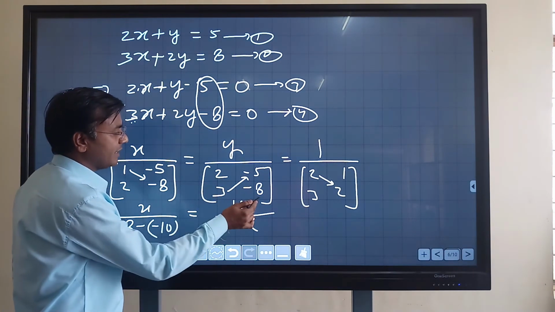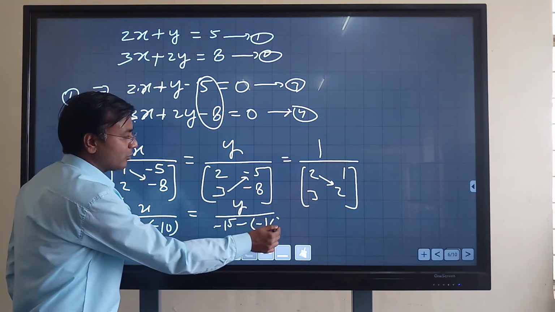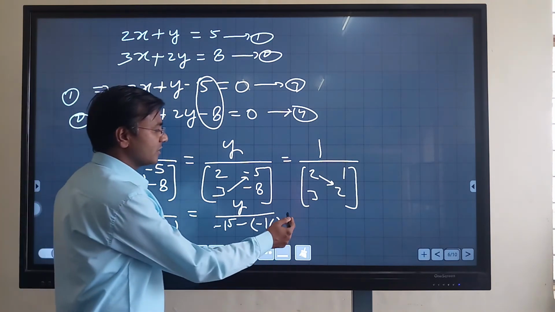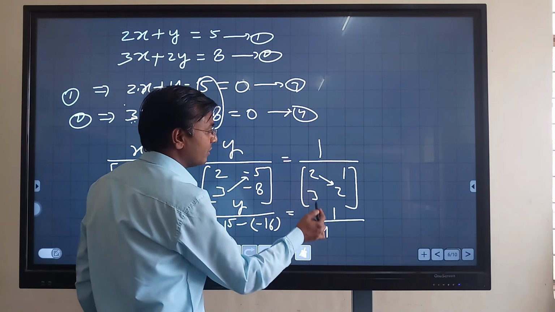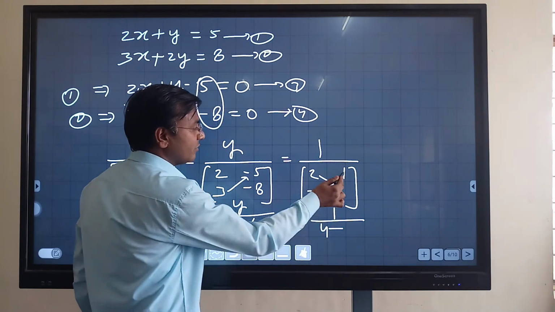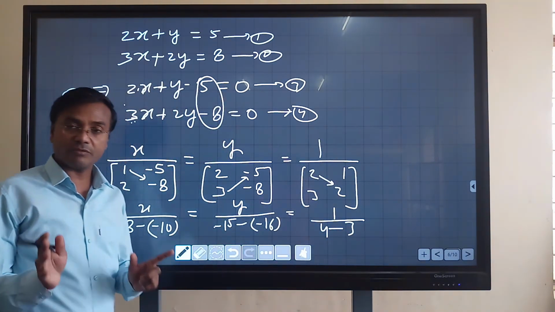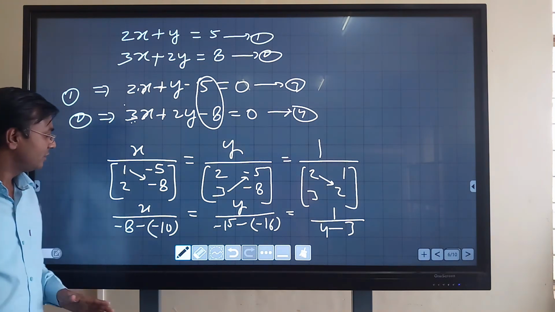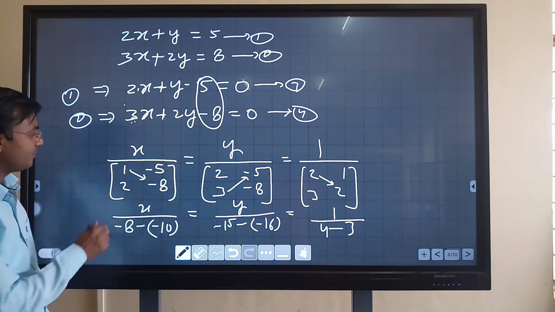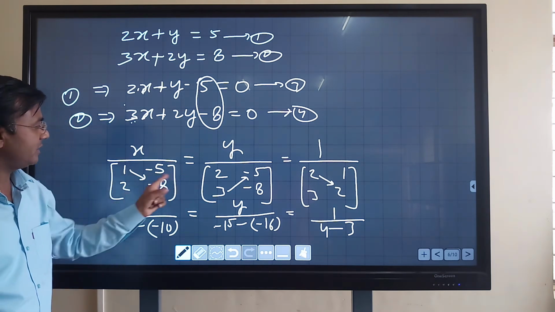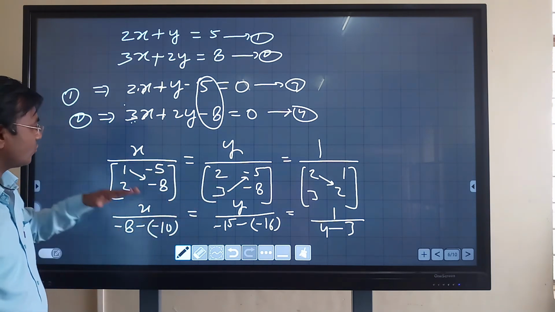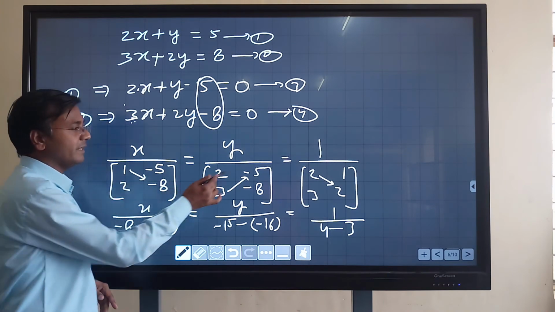Product of these remaining: -8 into 2 is -16, equals 1 upon, 2 into 4 minus -3 into 1. This is a very important step. Now only 1 or 2 steps are left. Cross product, right? So understand, this is the direction. As soon as you start solving, use this direction.